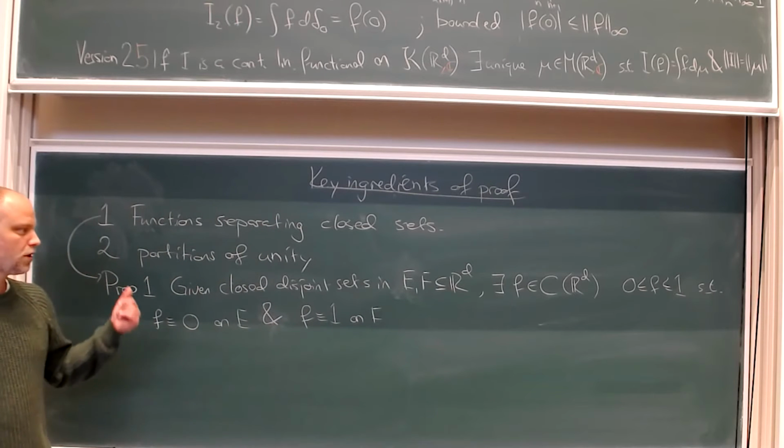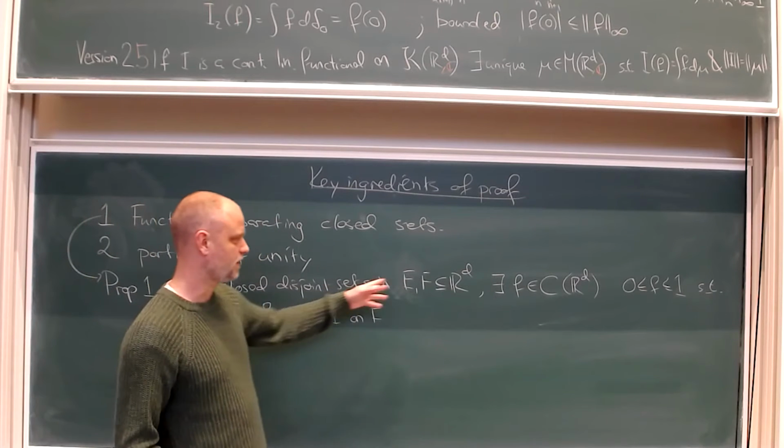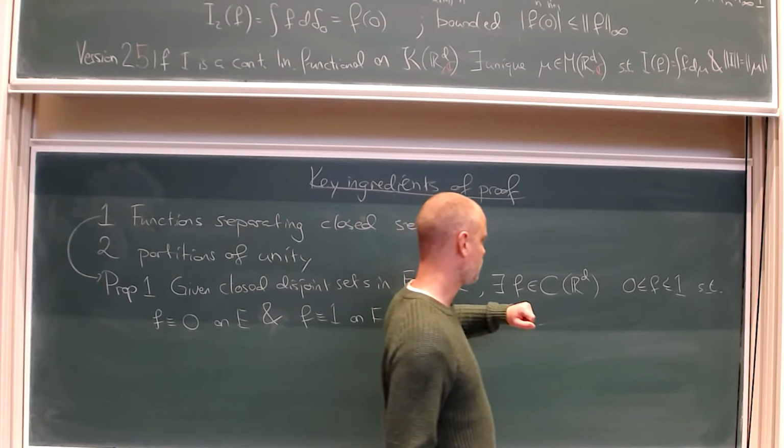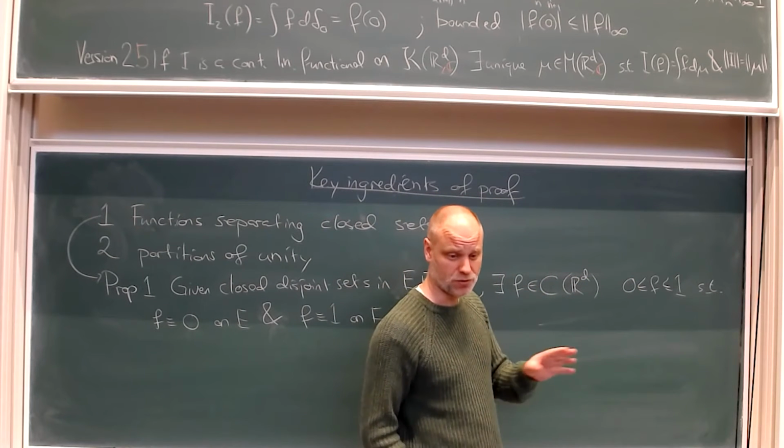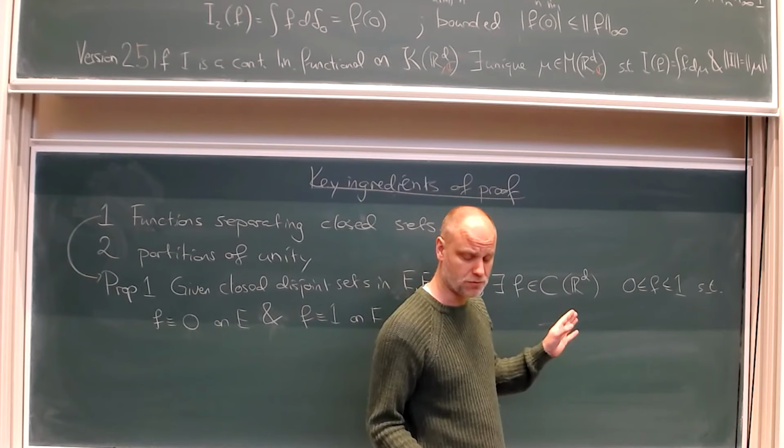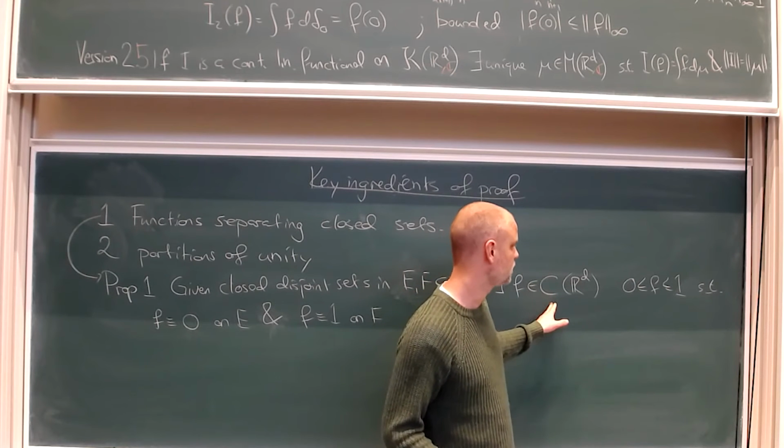Given two closed disjoint sets, E and F in R^d, there exists a function f here. C(R^d) is just continuous, no other restriction than just continuity.